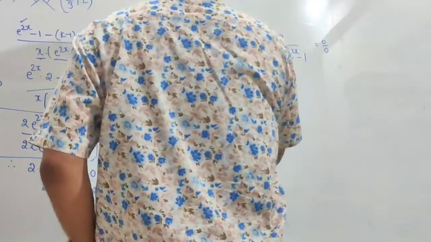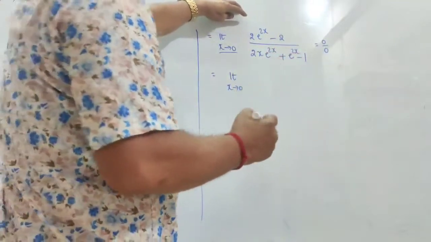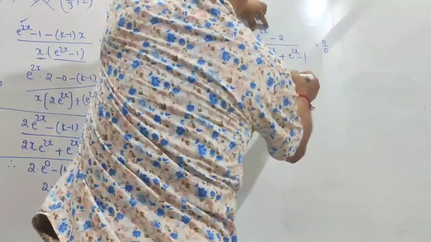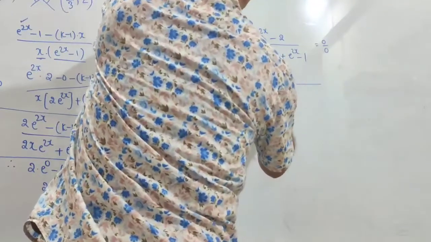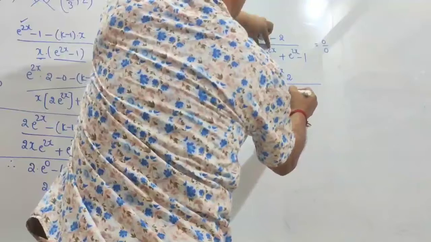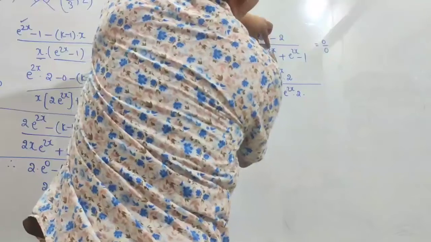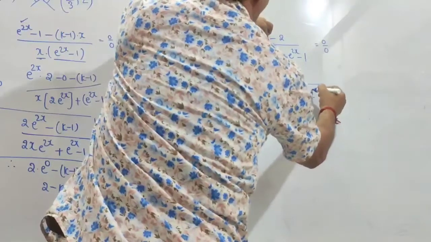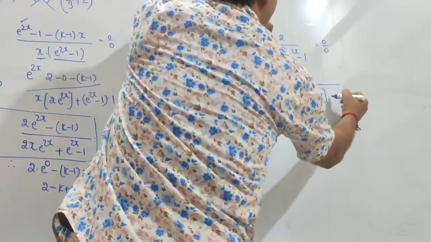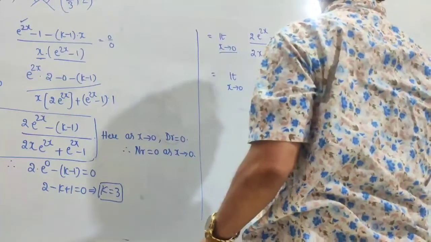So that is equal to limit x tends to 0 of 2 into e power 2x differentiation, e power 2x into 2, whole divided by, using the u v method, x into e power 2x into 2 plus e power 2x, plus the differentiation of e power 2x, 2 e power 2x.